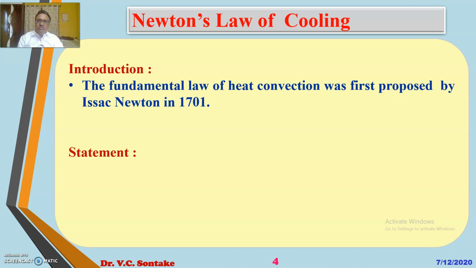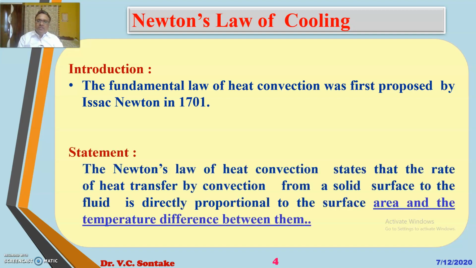Its statement goes like this. Newton's law of heat convection states that the rate of heat transfer by convection from a solid surface to the fluid is directly proportional to the surface area of that solid surface and the temperature difference between them.